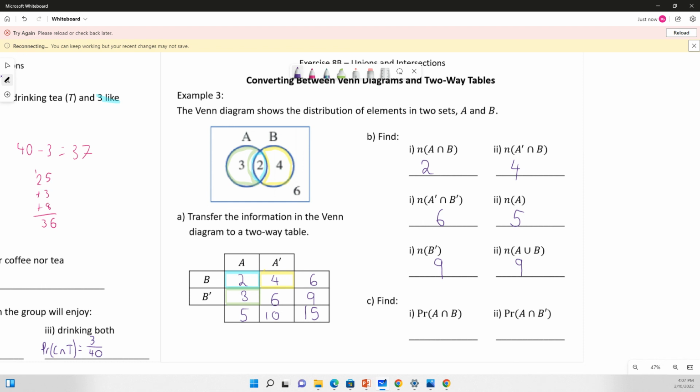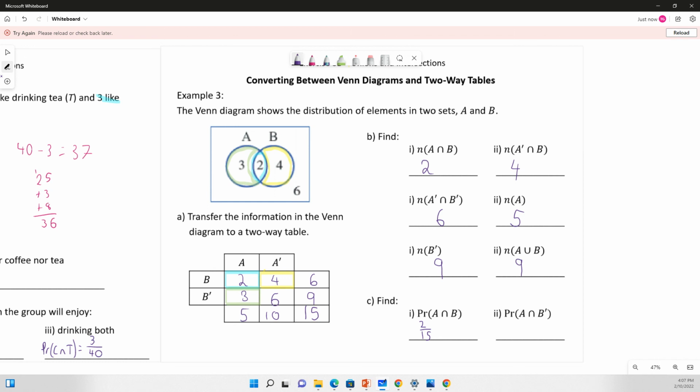So to find our probability now of A intersect B, the probability that we're getting a number that is in both A and B, the total number of outcomes there is 2 and our total is 15, so 2 out of 15.